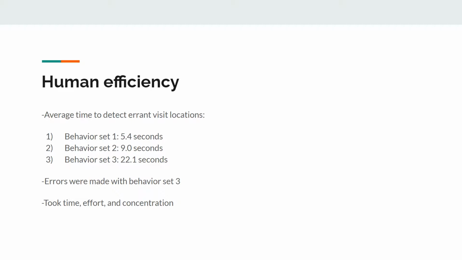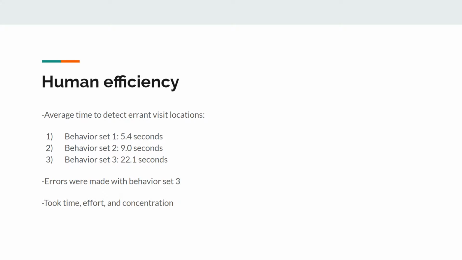This is as opposed to human efficiency. The average time to detect errant visit locations for humans for the first behavior set was 5.4 seconds. This is the behavior set that was all in one single location. The second behavior set took 9.0 seconds. This was the behavior set that was in 2 different locations that didn't vary outside of those 2 locations.